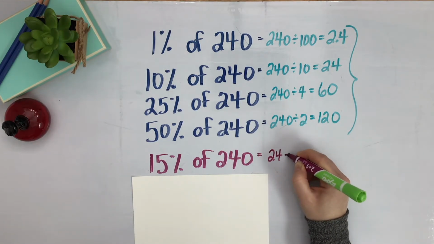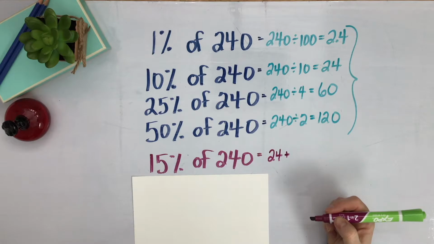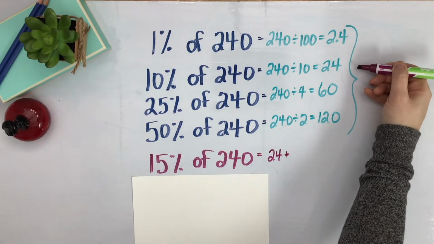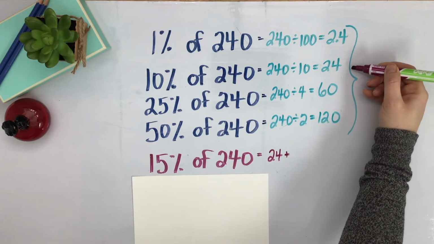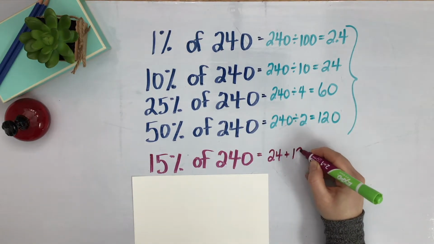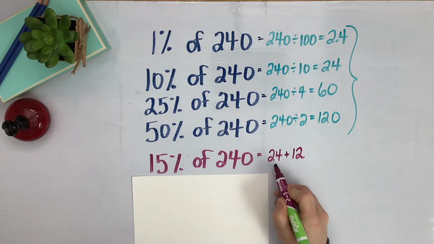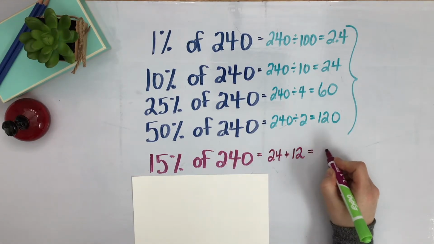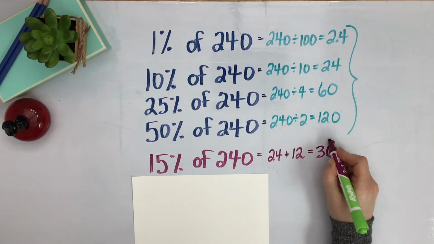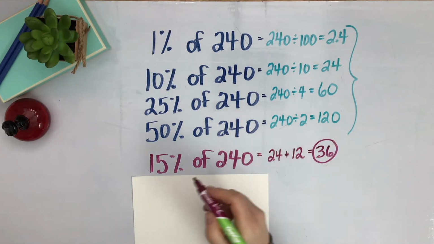Now, how could I get 5%? I could get 5% by taking half of 10%. Half of 24 is 12. So here is my 10% plus my 5% of 240. Put them together and I get 36. So 36 is 15% of 240.